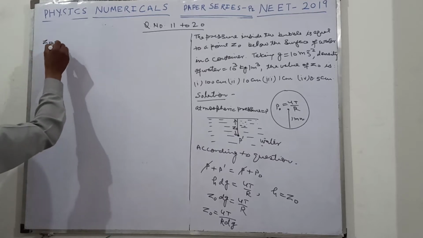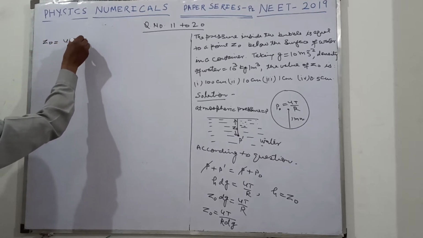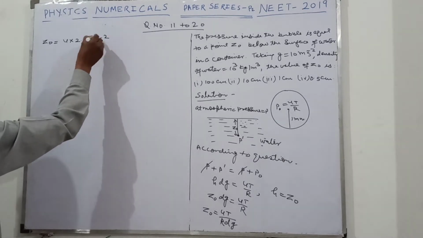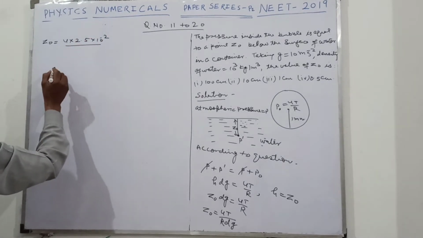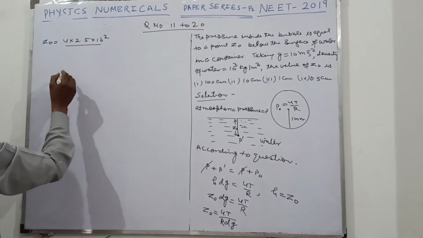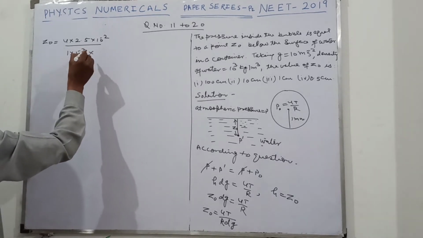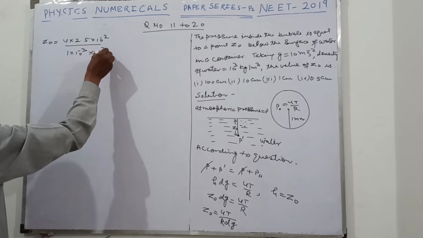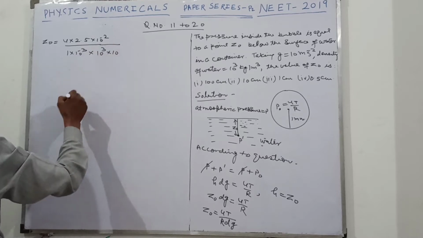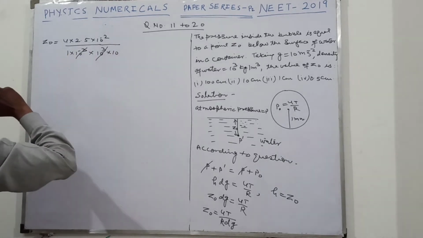Z naught equal to 4, T equal to 2.5 into 10 to the power minus 2, R the radius 1 mm, 10 to the power minus 3 meter, d 10 to the power 3, g is equal to 10. So these two terms will cancel.